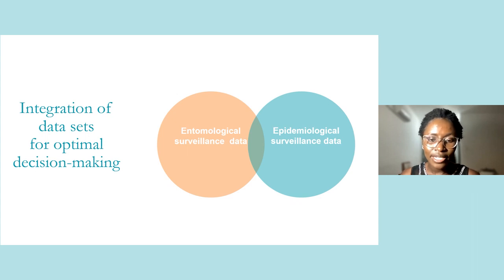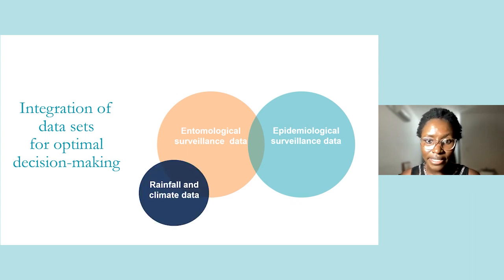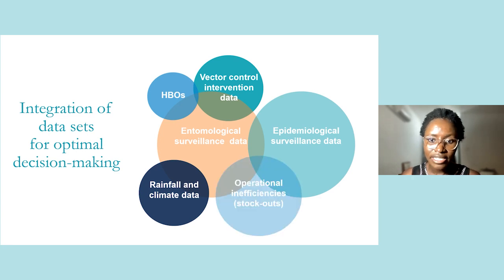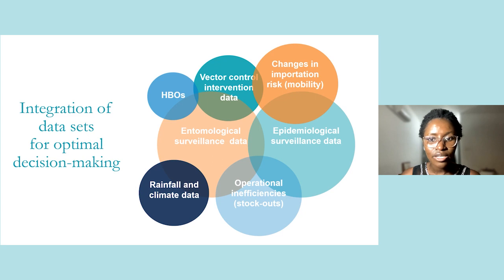These data sets include rainfall and climate data, vector control intervention data such as intervention access, use, and acceptability, human behavior observation data or HBOs, operational inefficiencies such as stockouts of malaria diagnosis and treatment supplies, and changes in receptivity or importation risk, which could include population mobility or new construction sites.